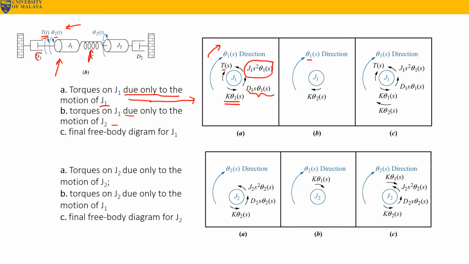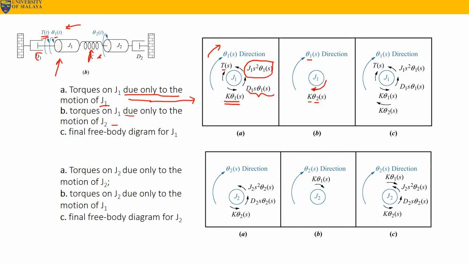Because of the spring linkage, the torsional spring linkage, the movement of J2 in the positive theta2 direction will also push J1, or rotate J1, in the same direction. So here we would have an arrow in the clockwise direction, and the impedance is given by K times theta2 of S.